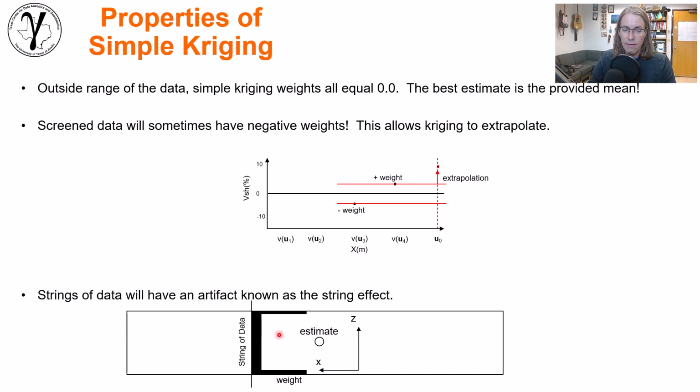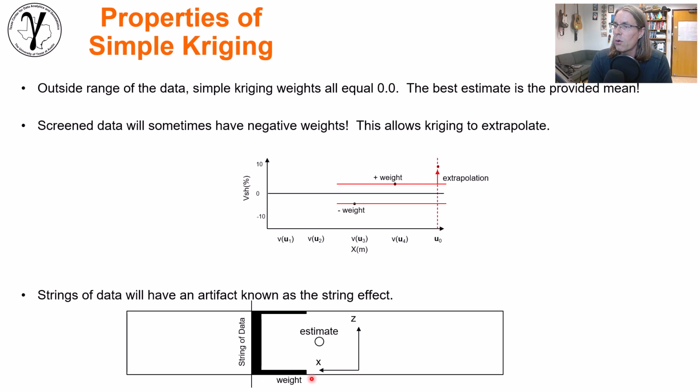But if you keep having more and more data of higher and higher resolution, like samples very close to each other, at some point redundancy will start to win. In other words, these data points on the very ends will seem so much less redundant than the data right here in the middle that eventually you can end up with a distribution like this where all the weight goes to the data on the ends. This is called the string effect.